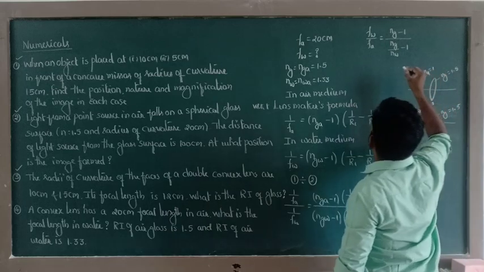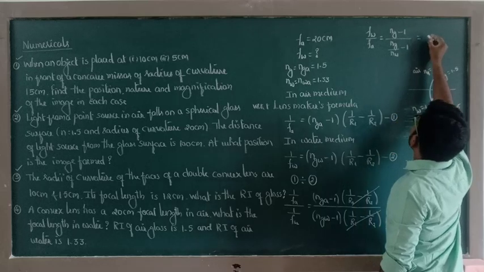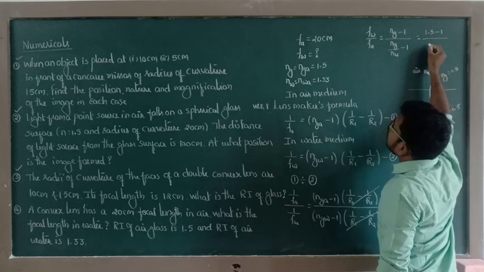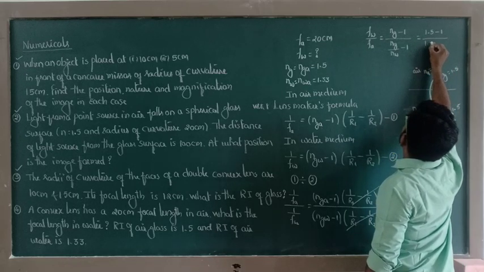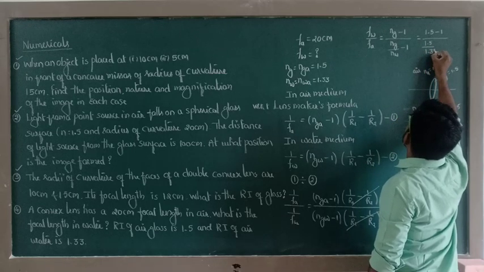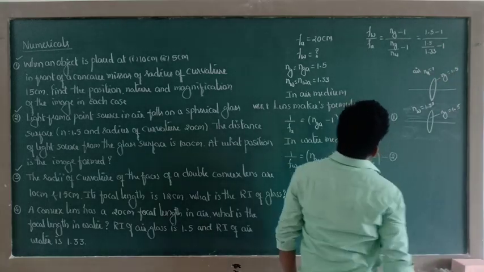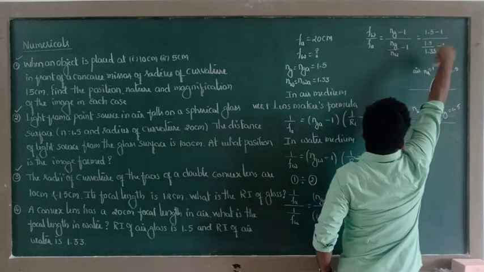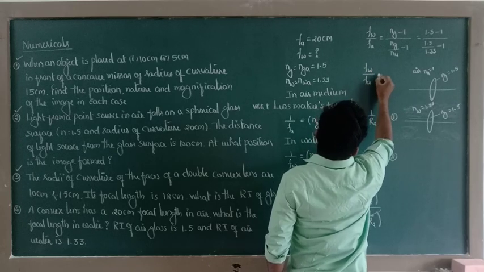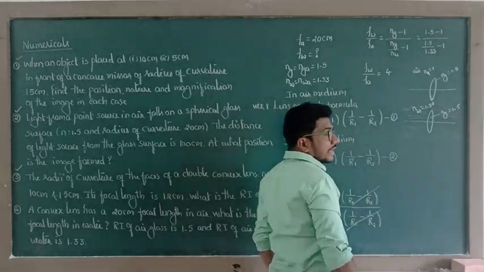Now substitute the values. So this is equal to Ng 1.5 minus 1 divided by Ng 1.5 divided by Nw 1.33 minus 1. So by solving this, focal length in water divided by focal length in air, we will get 4 or 3.99.